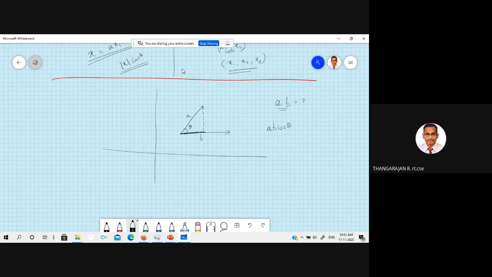Okay, so this is dot product. A dot B is equal to AB cos theta. Now suppose theta equal to 0.